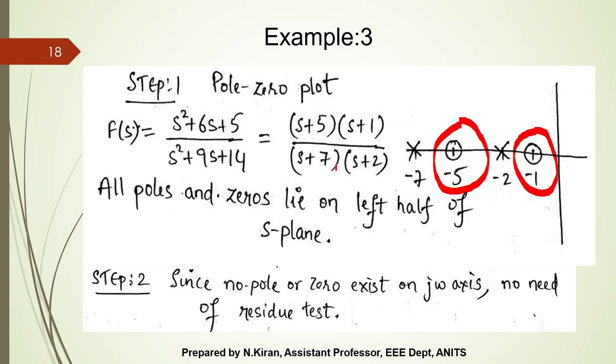And if I find the roots of the denominator polynomial, I have obtained -7 and -2. So all the poles are on the left half of the S plane. The first condition is satisfied. Since I don't have any poles or zeros on the j omega axis, there is no need for the residue test.